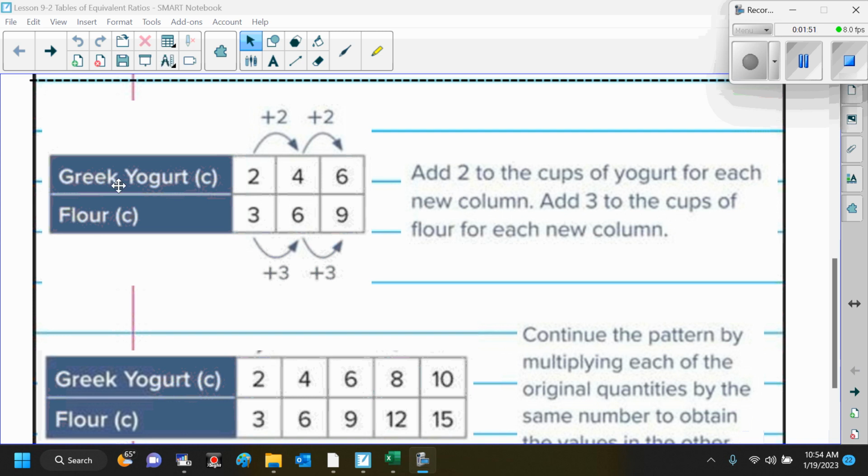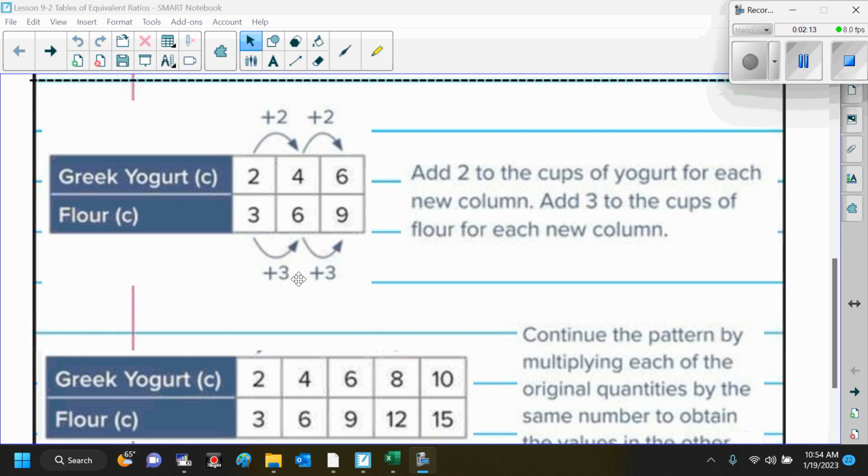So let's see. Here, you guys, this is also creating equivalent ratios. If you add 2 and then add 2 to the next one, not to the original, but to the one before it. See, we're adding the same number on the top and we're adding the same number on the bottom.